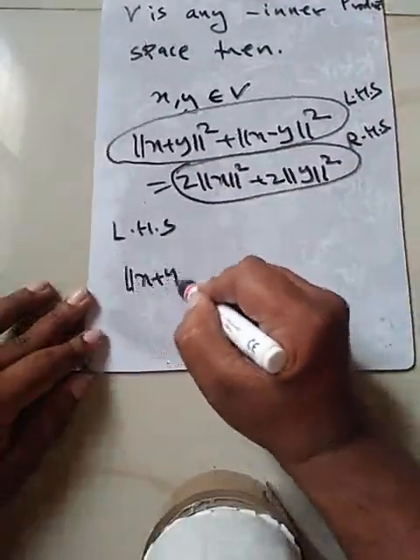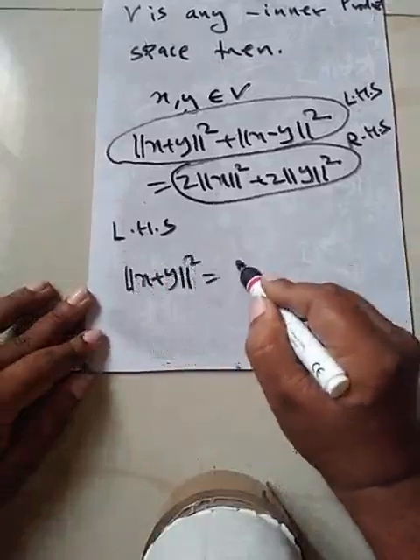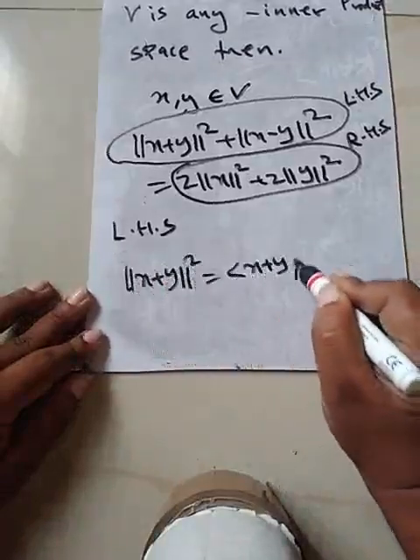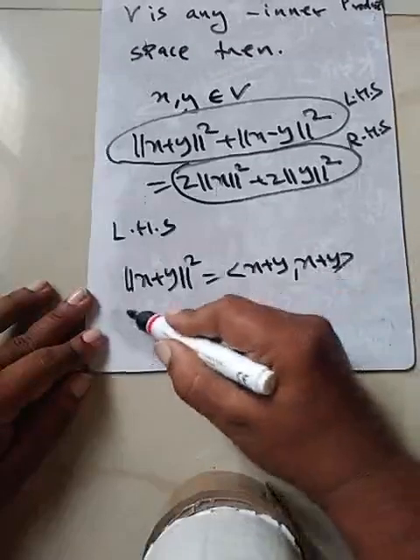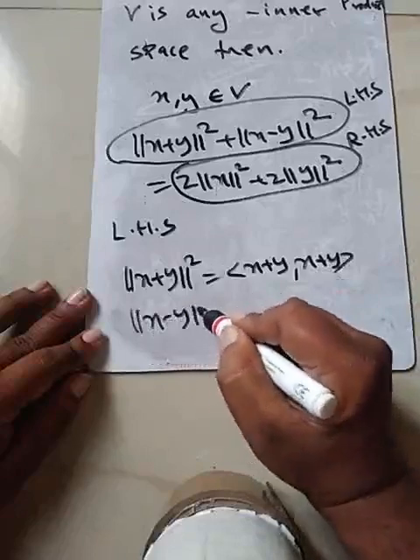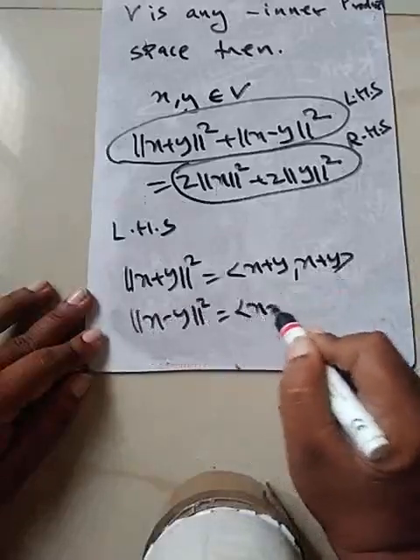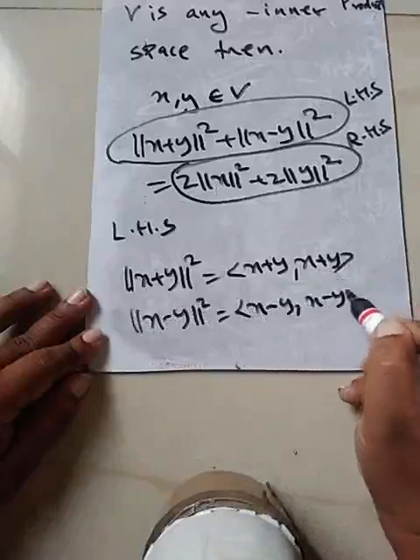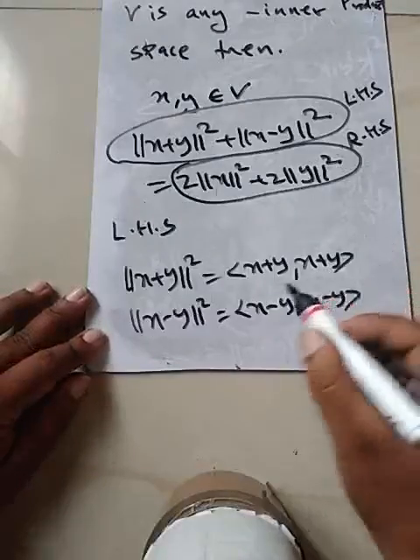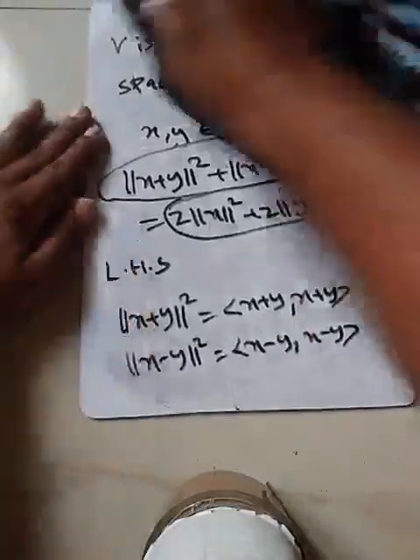Norm of x plus y whole square is nothing but the inner product of x plus y with x plus y. Norm of x minus y whole square is the inner product of x minus y with x minus y. So let's open it up. So LHS.